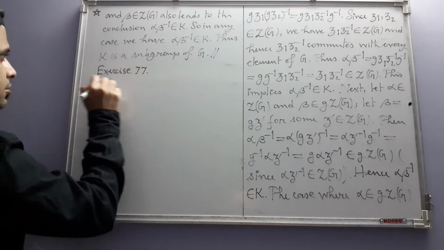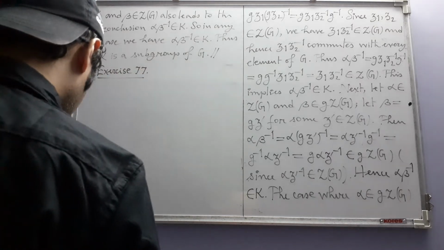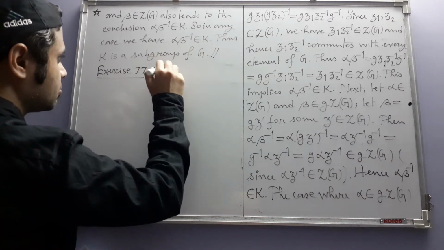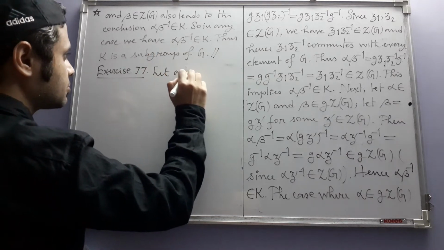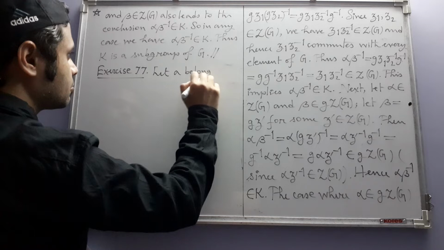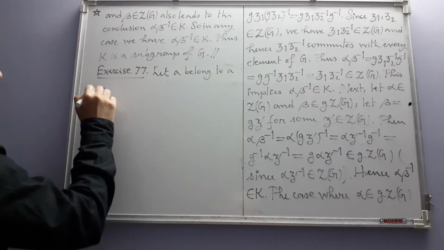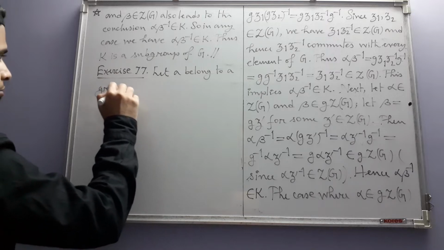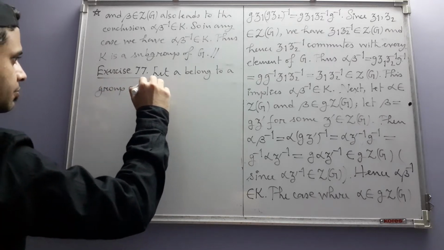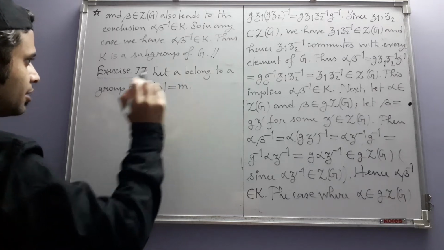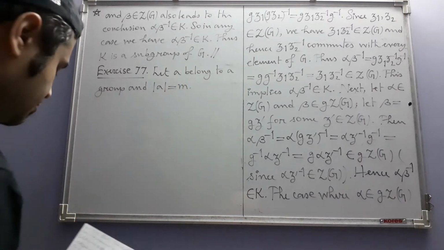exercise 77. Let A belong to a group and let it have order m, some positive integer.